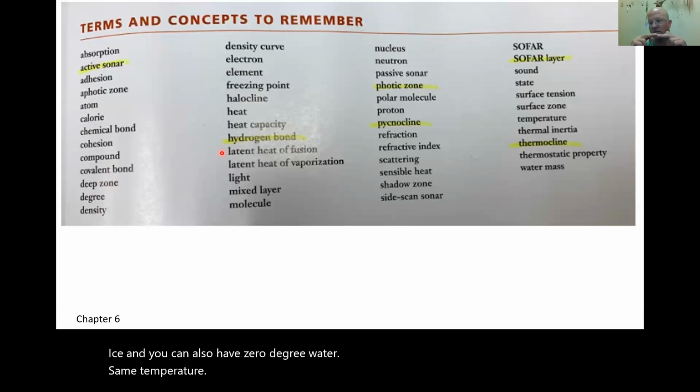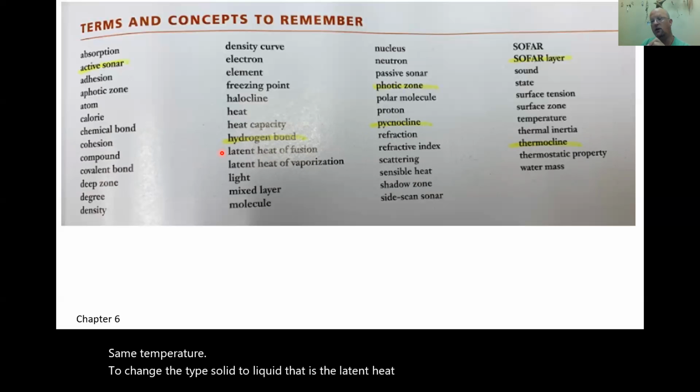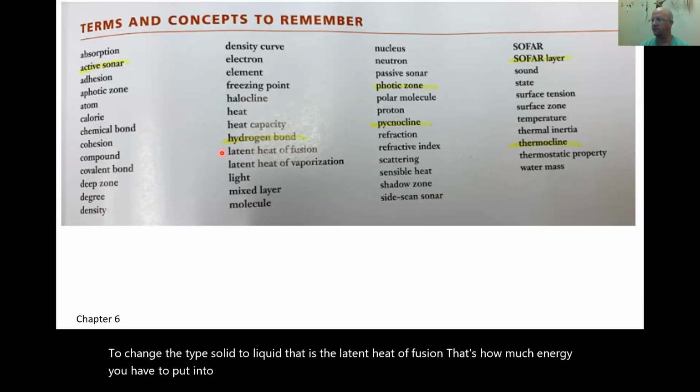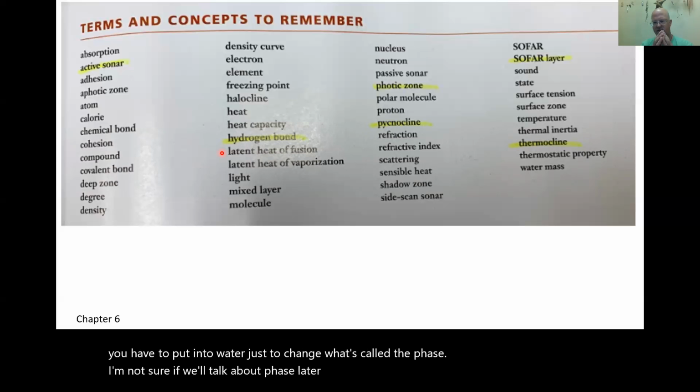To change the type from solid to liquid, that is the latent heat of fusion. That's how much energy you have to put into water just to change what's called the phase. I'm not sure if we'll talk about phase later, but solid to liquid water takes that amount of energy.